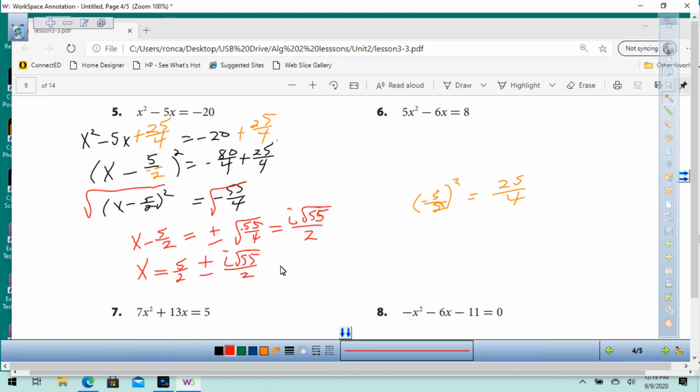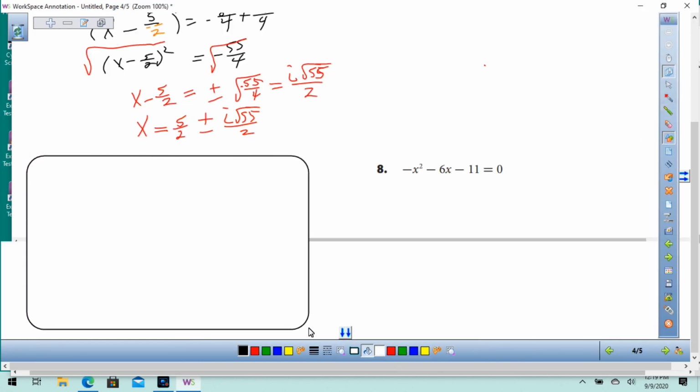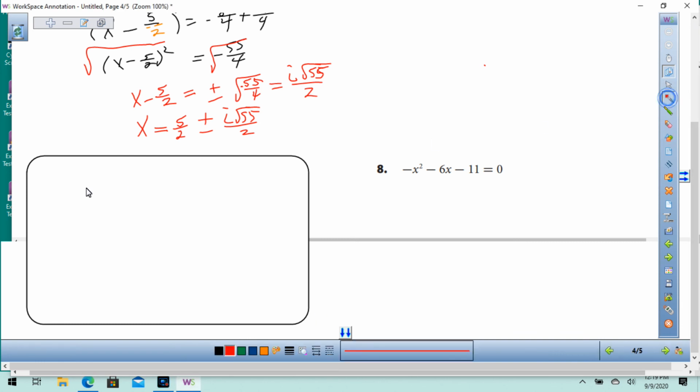Now, that is the same as x equals 5 halves plus i times the square root of 55 over 2, and x equals 5 halves minus i times the square root of 55 over 2.